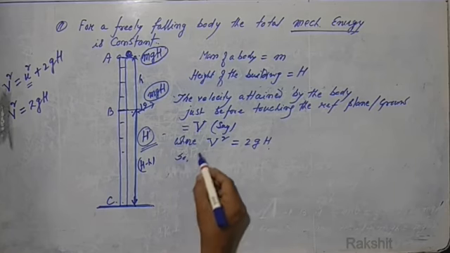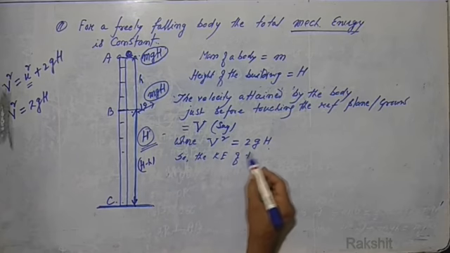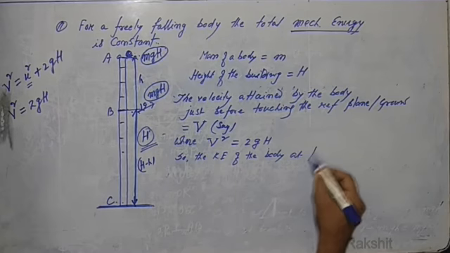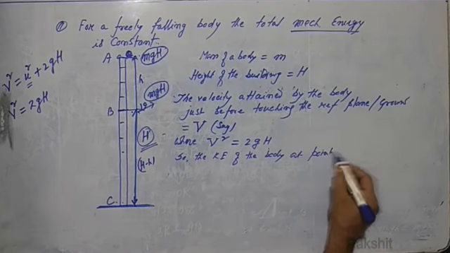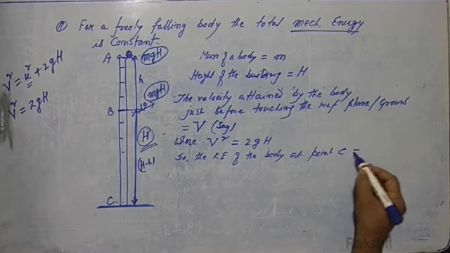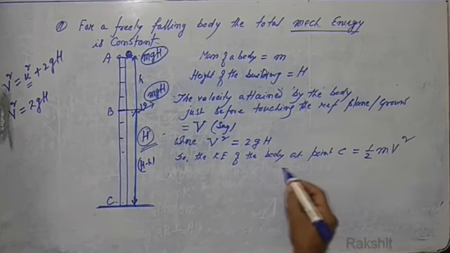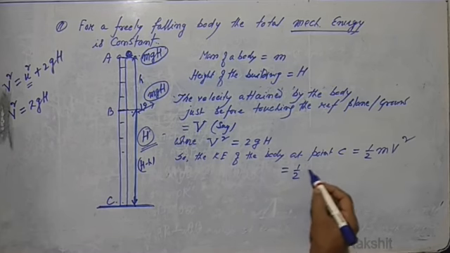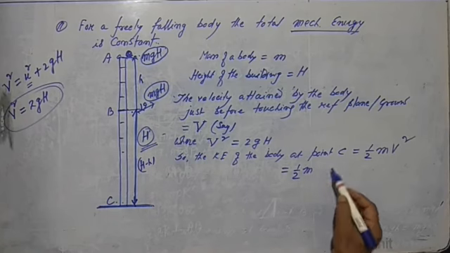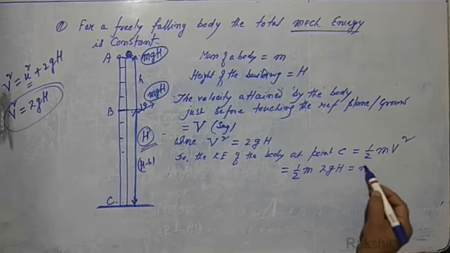So the kinetic energy of the body at point C, just before touching the ground, is equal to half m capital V square, and since V square is equal to 2gH, that is equal to mgH.